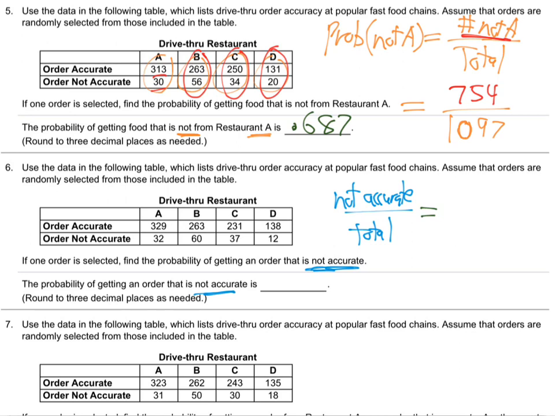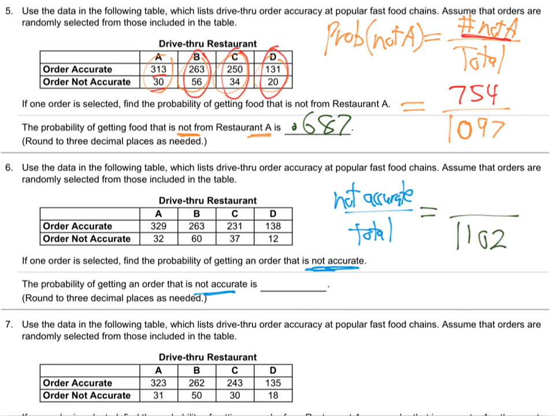The total would just be adding all those up. Somebody got that total? 1,102 for the total. Other people getting that number? Yeah. Okay, good. Looks good.